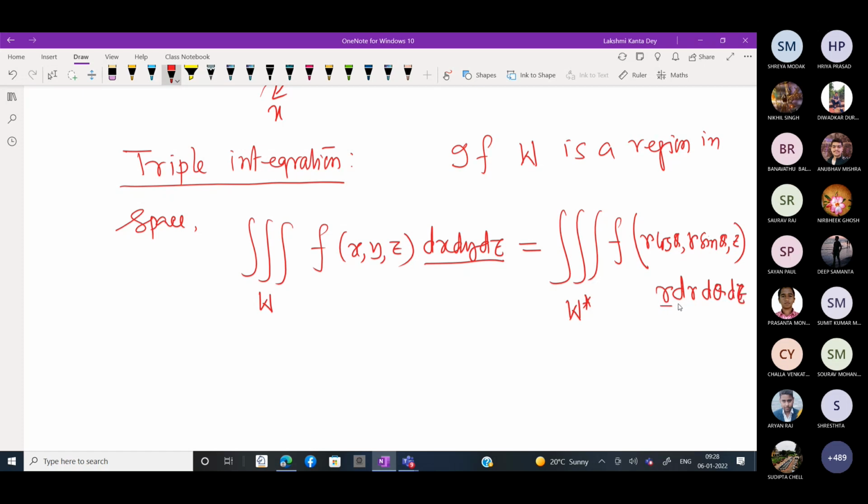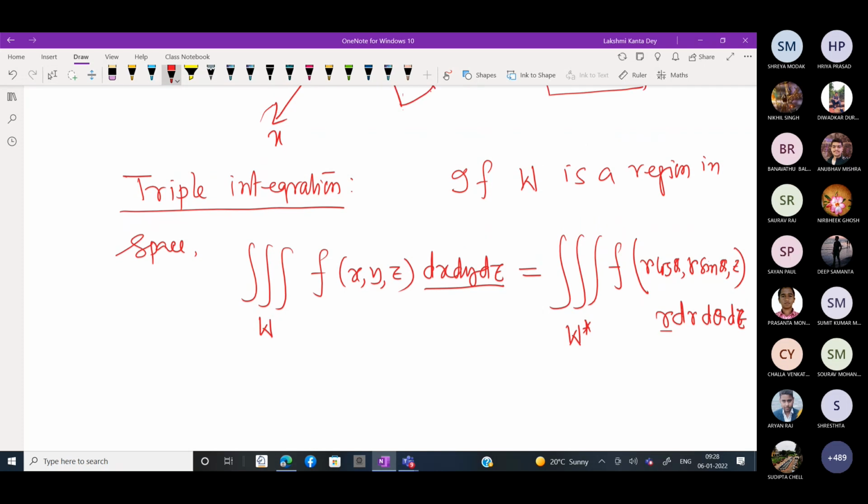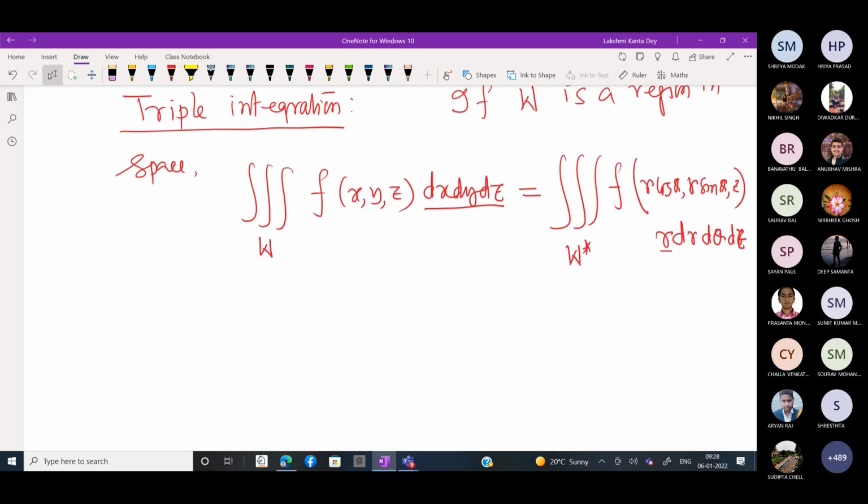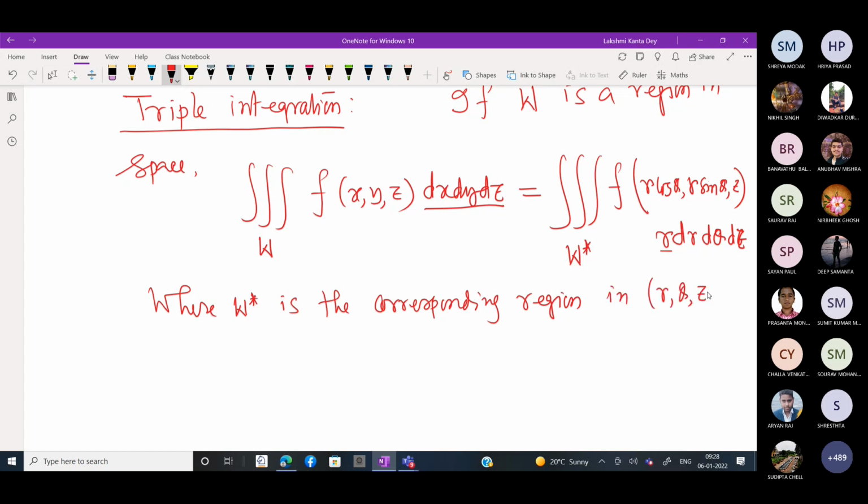Okay, so this r is coming. Why it is coming, I already described. So where W star is the corresponding region in r theta z space.